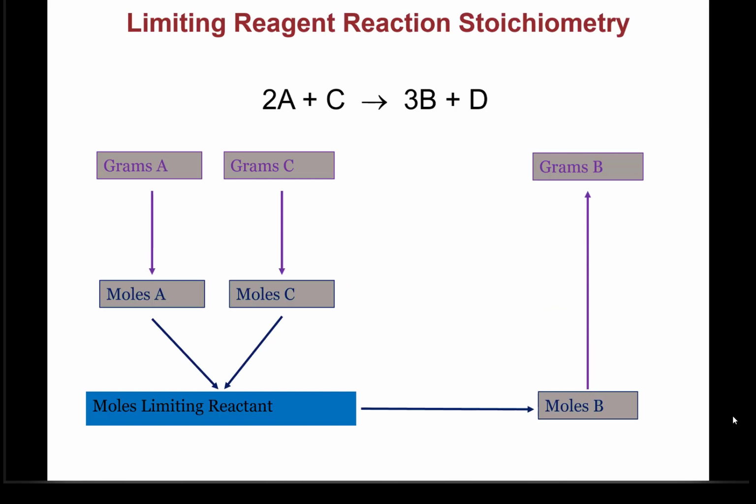Combining the two types of calculations, limiting reagent calculation with gram to mole calculation, we will have to convert grams to moles first for both of the reactants, compare moles to determine which one is the limiting reactant, then use the moles of the limiting reactant to calculate moles of the product from the mole to mole ratio of the balanced equation, and then use the molar mass of the product here to convert moles to grams.